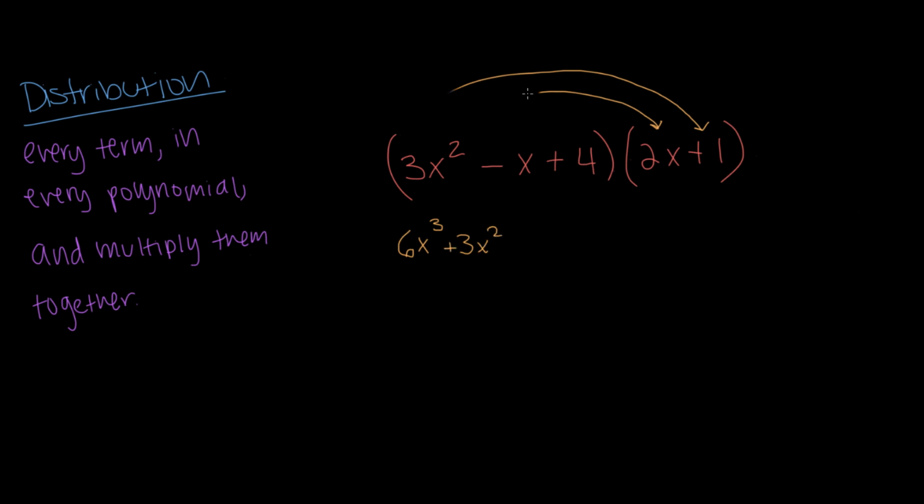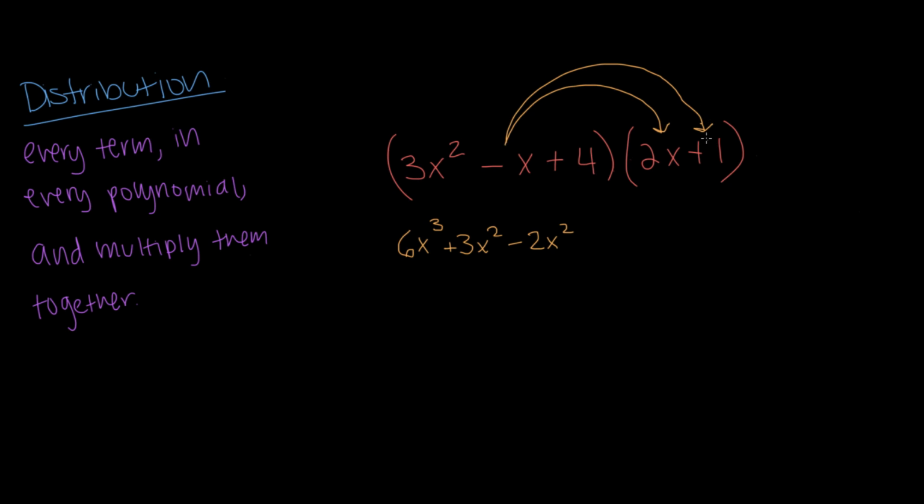Now, since we've done both of these for our first term, we can go to our second term and multiply the second term by each term in our second polynomial. So negative x following the first arrow gets us to 2x. So negative x times 2x is negative 2x squared. Now we follow the second arrow and we get to 1.